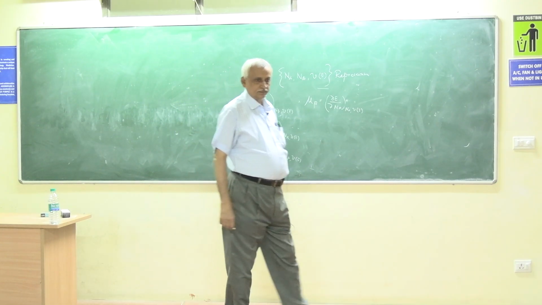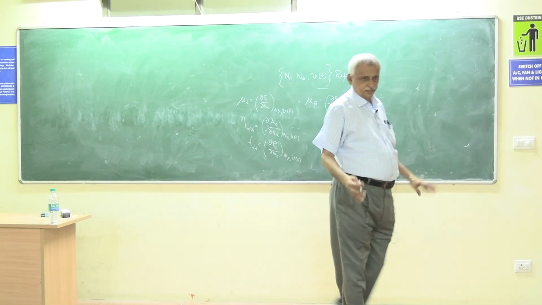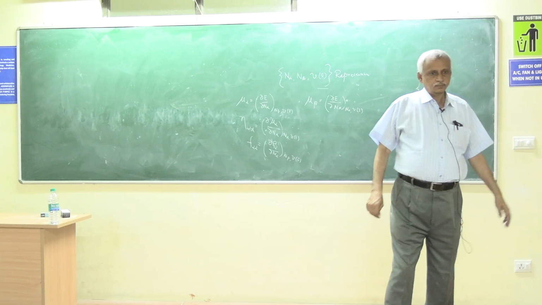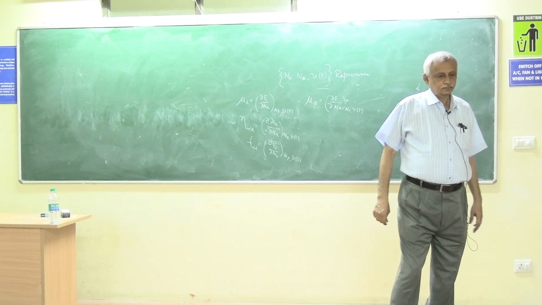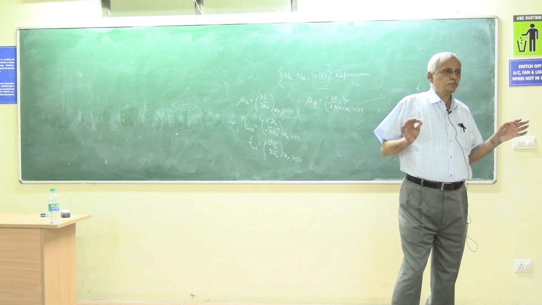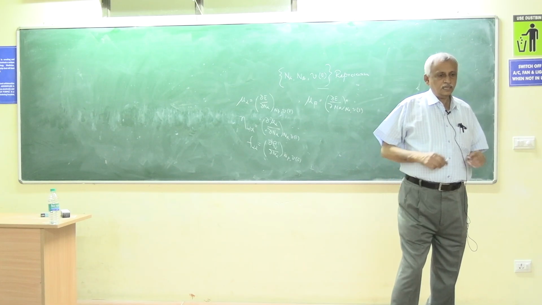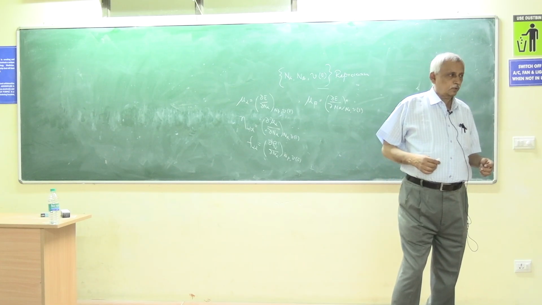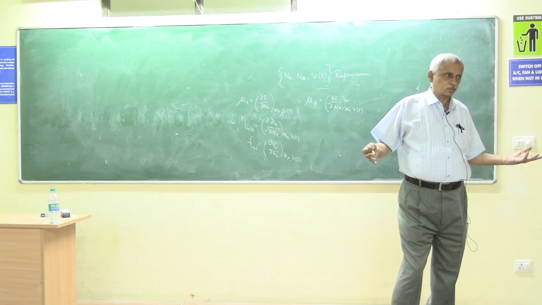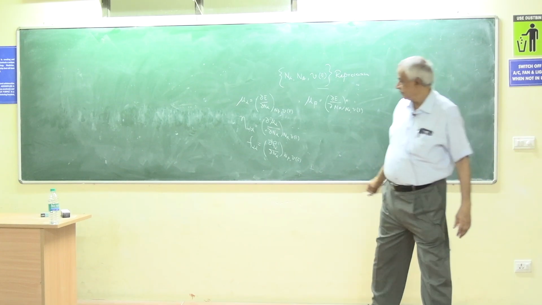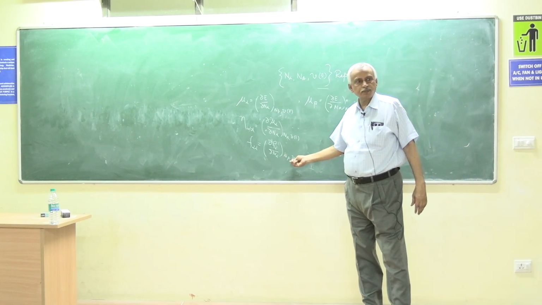Do you understand? This is much easier. You have to be very careful about the subscripts, nothing else, and the constants. Whatever is not varied, that is constant. Okay. Like here, you are varying N alpha, obviously N alpha cannot be constant.